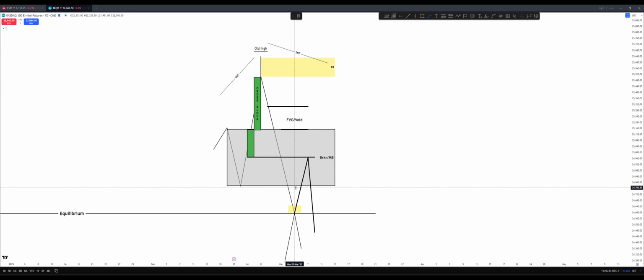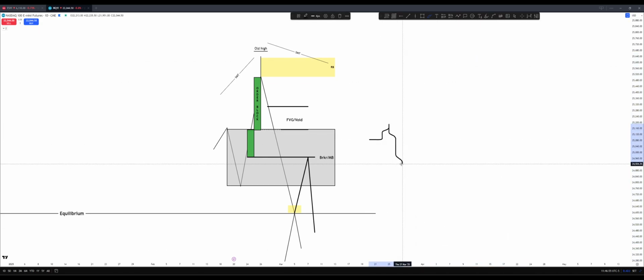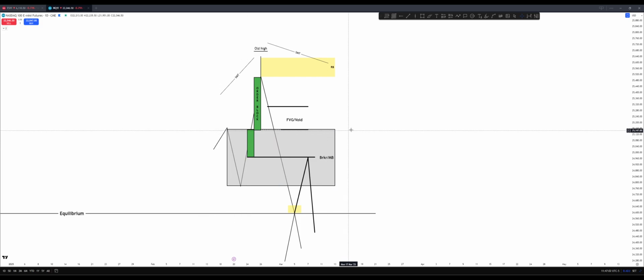Price is going to be slow because smart money needs to accumulate their orders. They need to pair their orders. So it's not like this, you know. It's going to be something like this, right? Depends on the time frame, depends on the scenario.